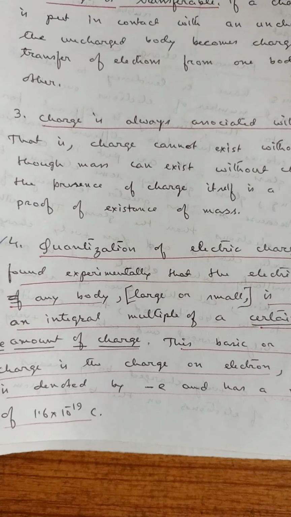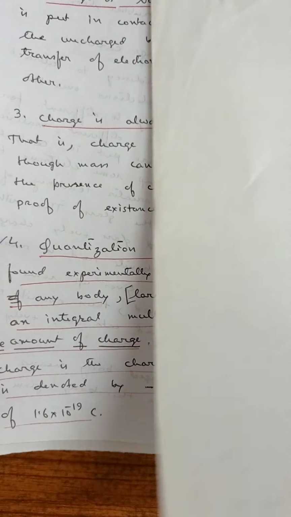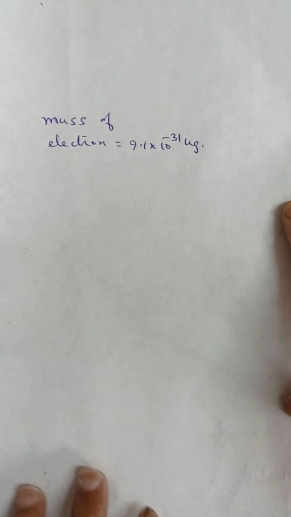A neutral body does not have any net charge. But what is called a charged body? A charged body means excess of electrons or deficiency of electrons.